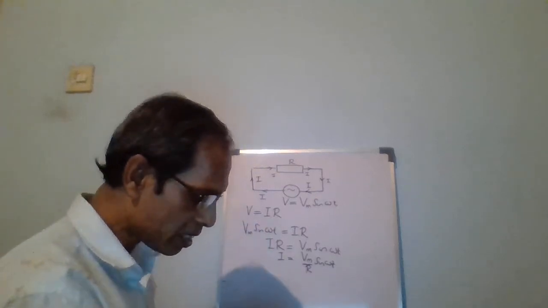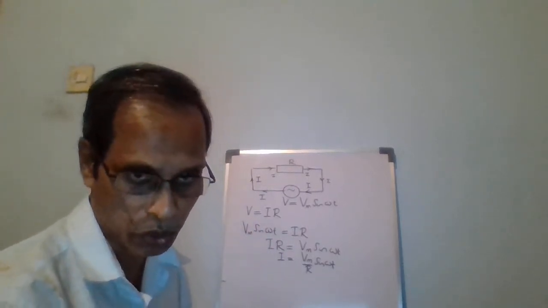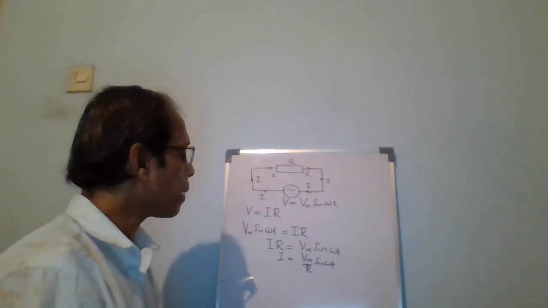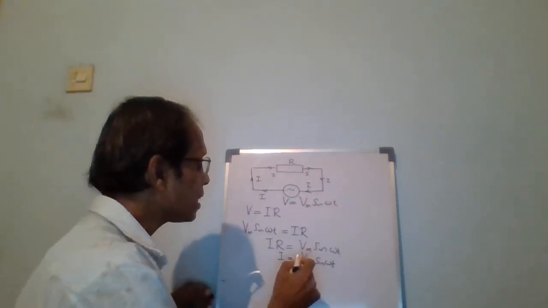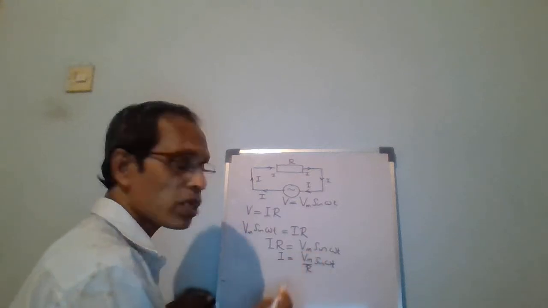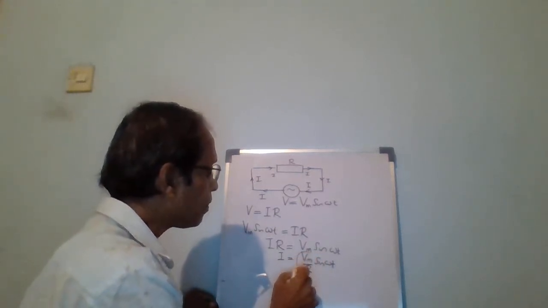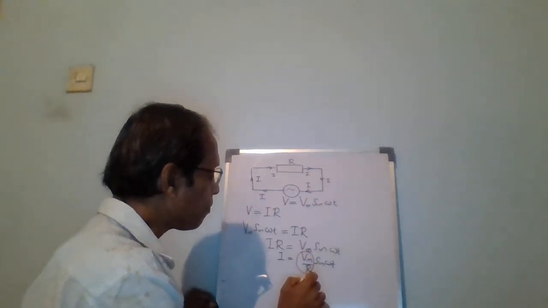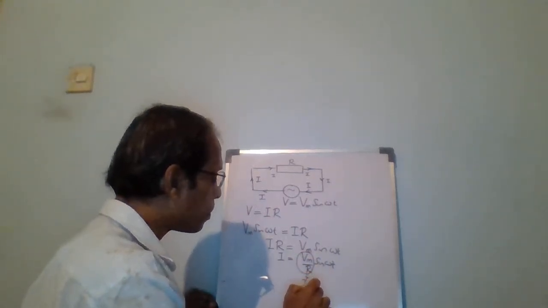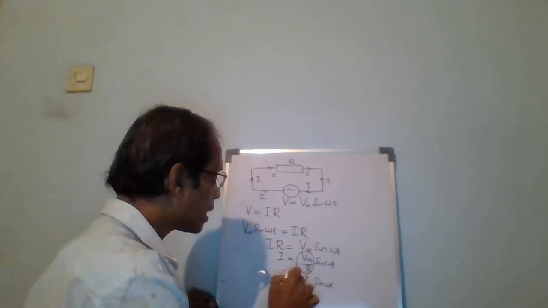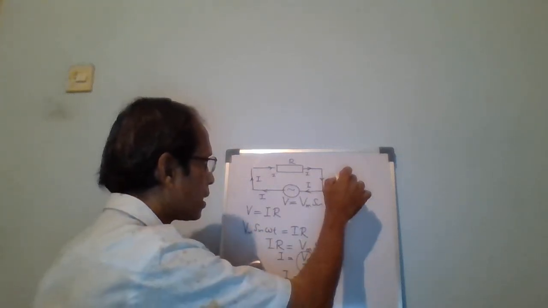Then we can see I is not a constant, I is a function of t also. But Vm is a constant and R is a constant, so Vm divided by R we can call Im.